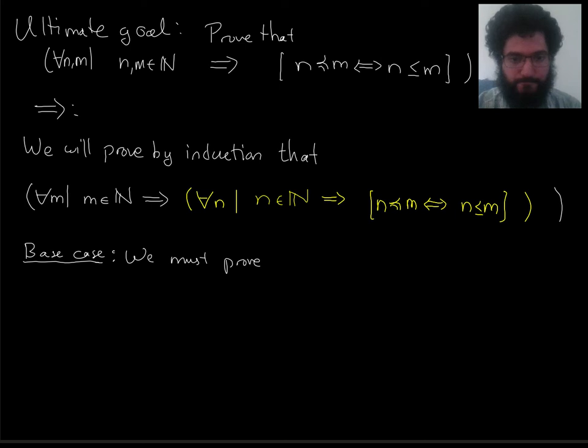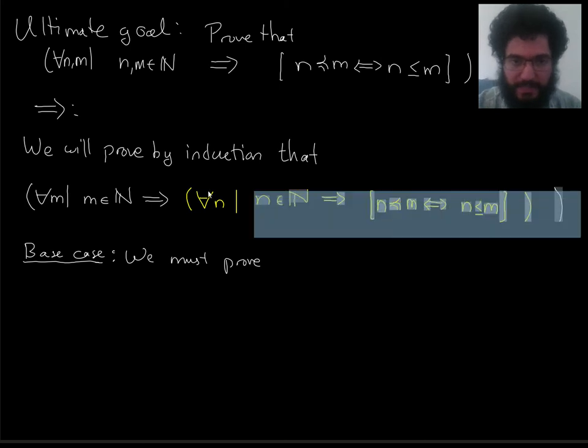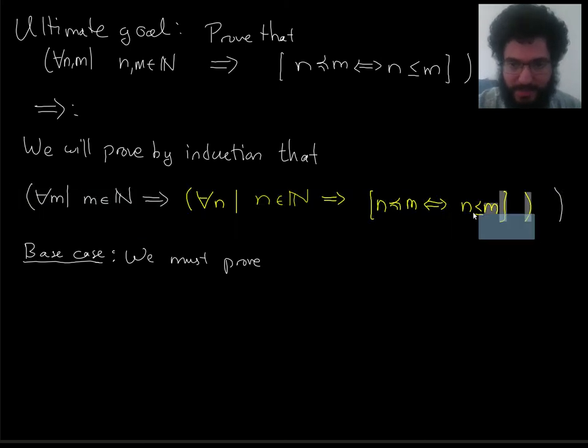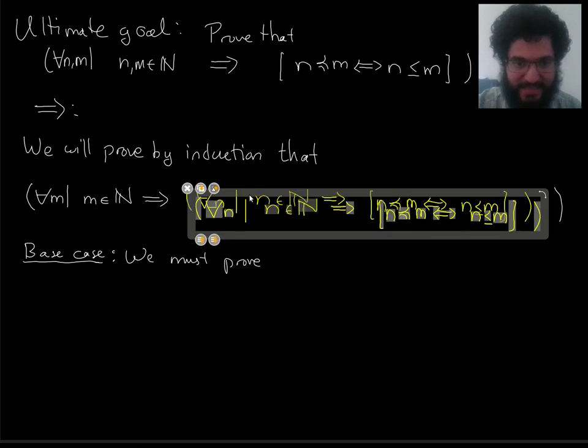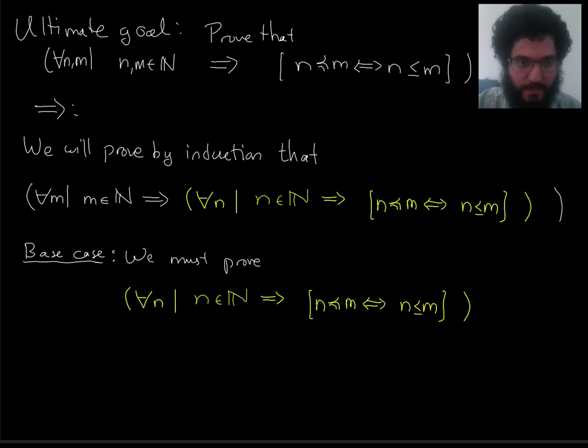Base case, we must prove this, right? But with 0 in place of the variable that I'm doing induction on. So the base case is a for all statement.